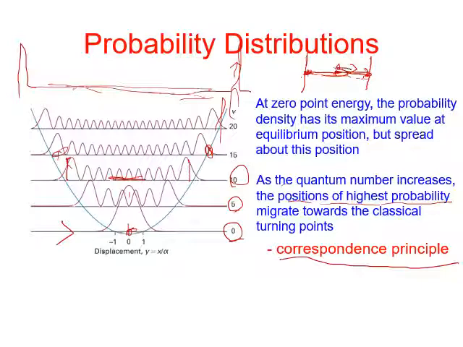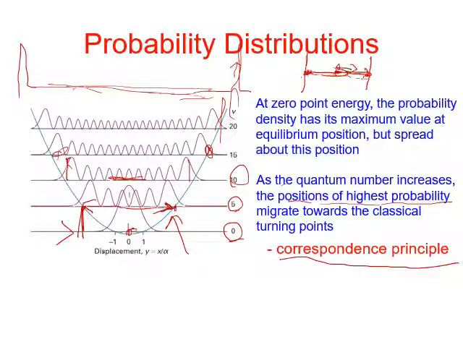Another thing to notice is that for classical mechanics, the energy is described by this blue curve. If you have energy this high, then the particle will vibrate between these two turning points. These two points are the turning points.